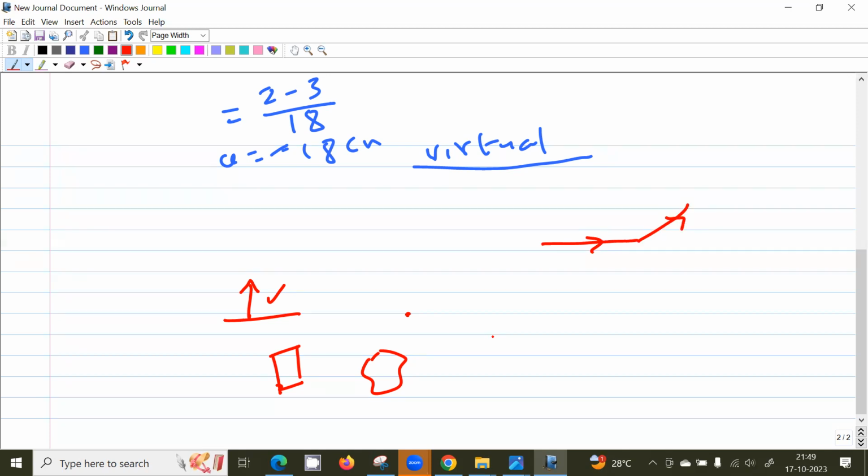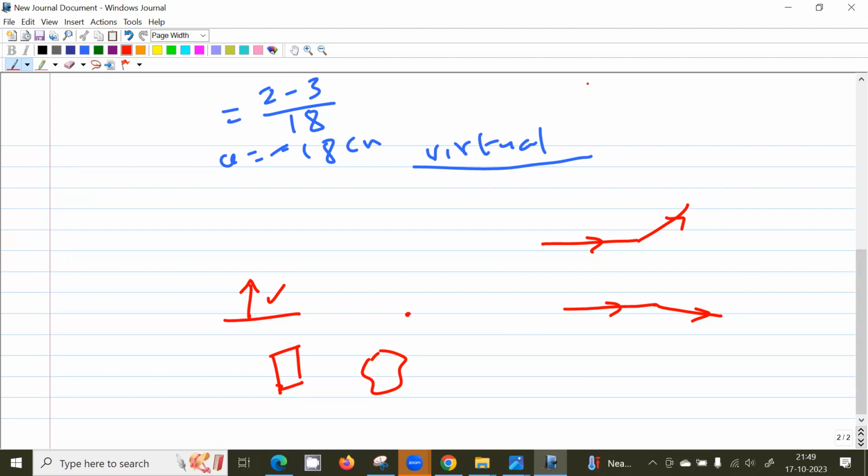For a convex lens, it's like this, converging. So the assertion and reason are true, and the reason is the correct explanation for the assertion.